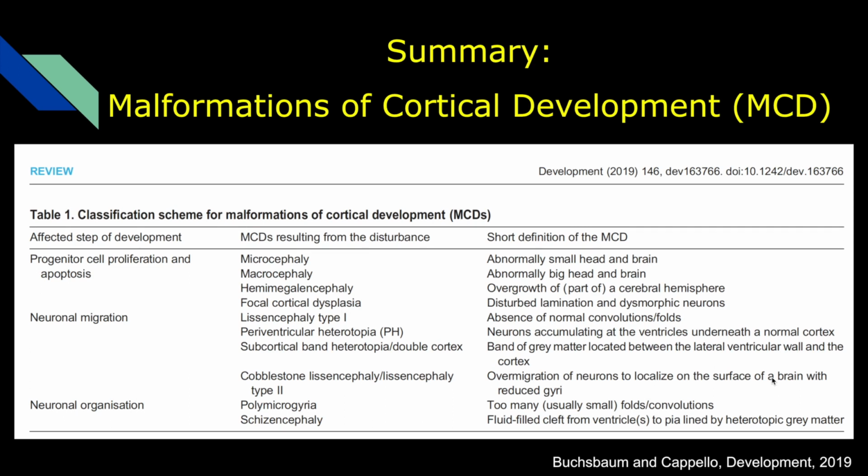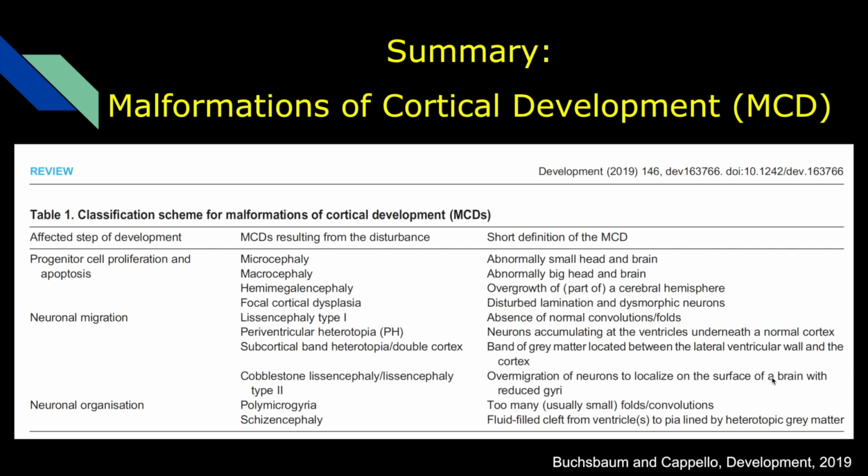We've kind of covered the neural migrational disorders of early neurodevelopment. We didn't cover the first two. This is a nice table that really summarizes, I think, many of these disorders we discussed. When there's processes affecting progenitor cell proliferation and apoptosis, you can get microcephaly, which is obviously hypoproliferation, and macrocephaly, which is abnormally increased proliferation, and this gives you abnormally small and big heads, respectively.